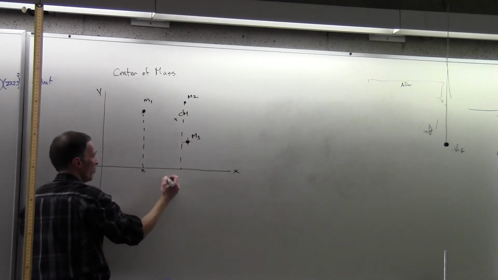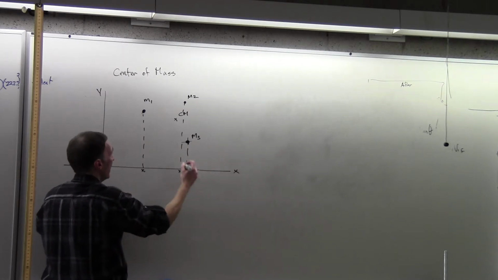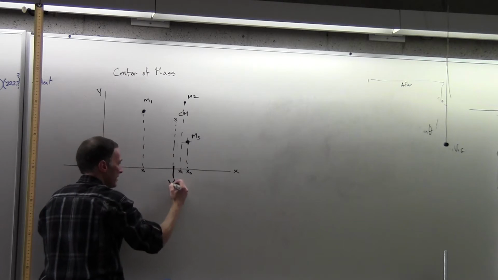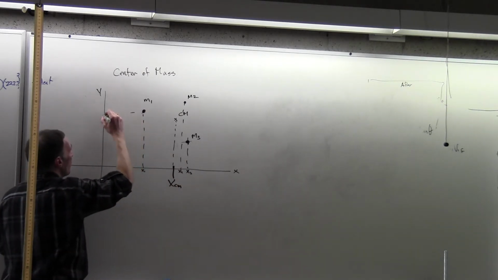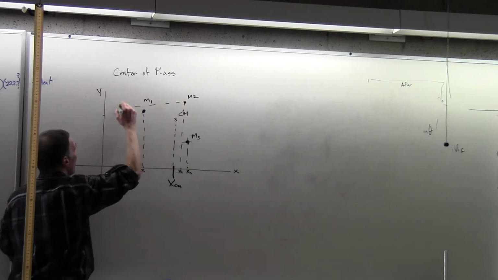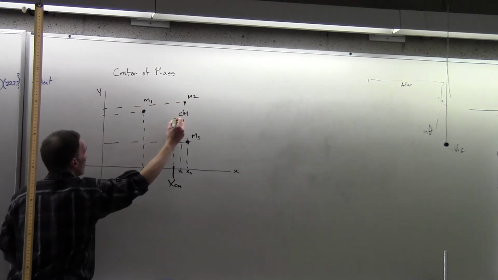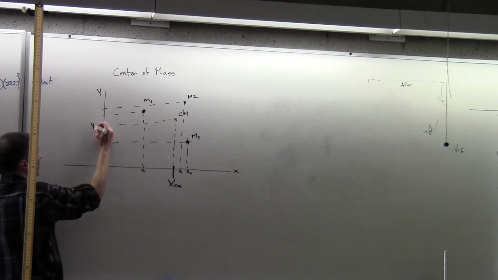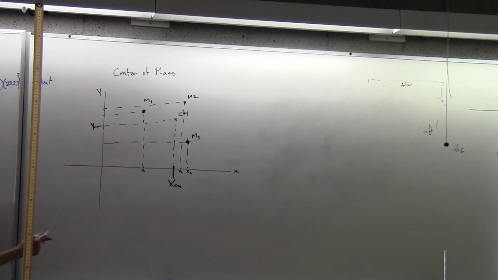You know, I'm going to have an X1, X2, X3, and I also will have a big X center of mass. I can do this also in the Y direction, and also in the Z direction, and find the Y center of mass and the X center of mass, and also the Z center of mass.